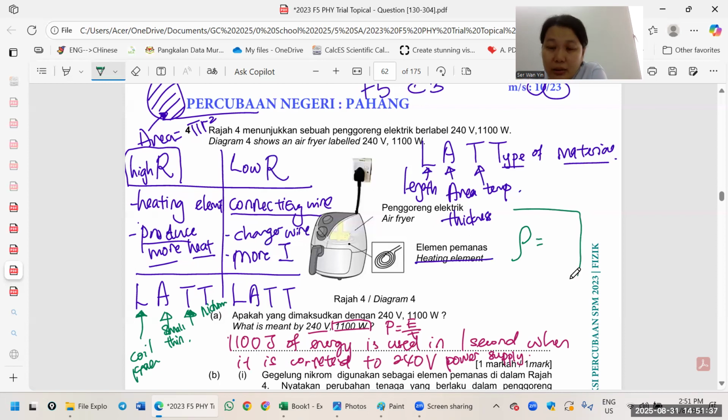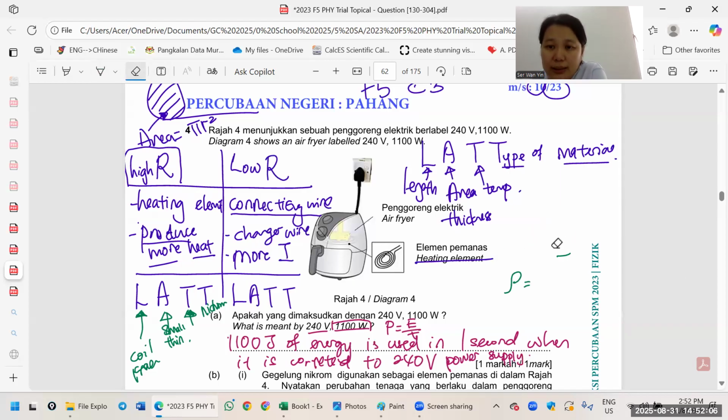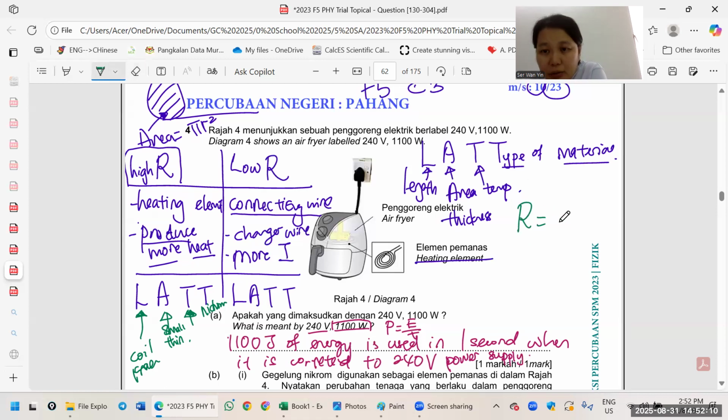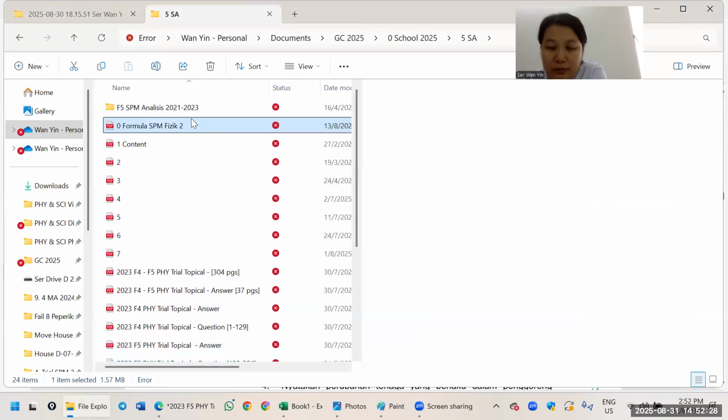Resistivity. This one you can find in your formula. Resistivity equals RA over L. Sorry, R equals rho L over A. It's in your formula.